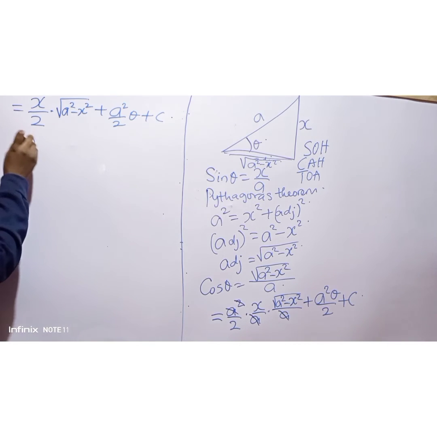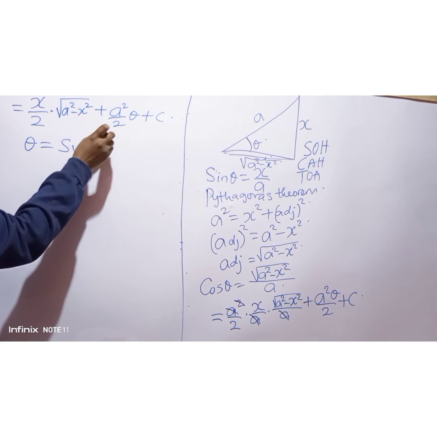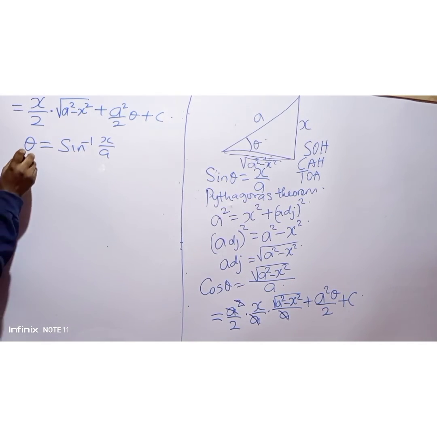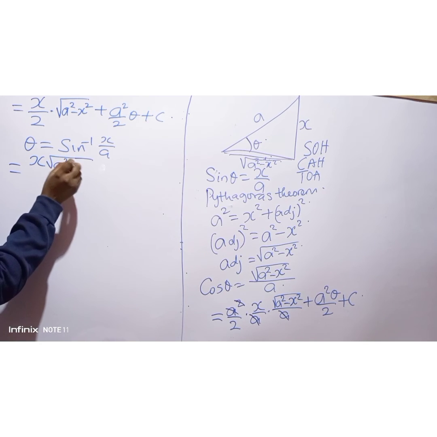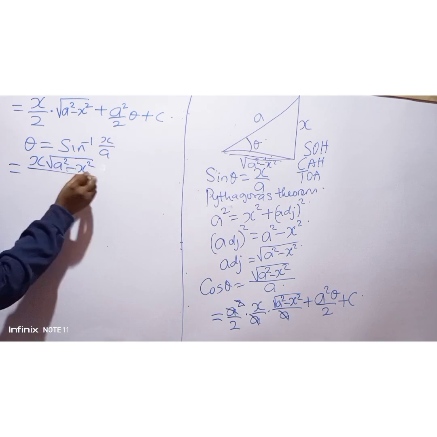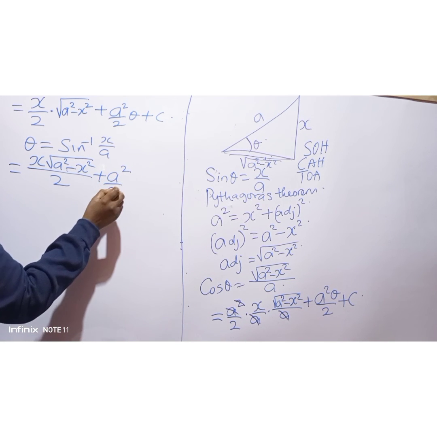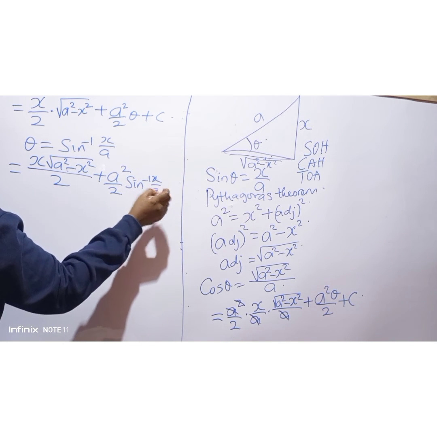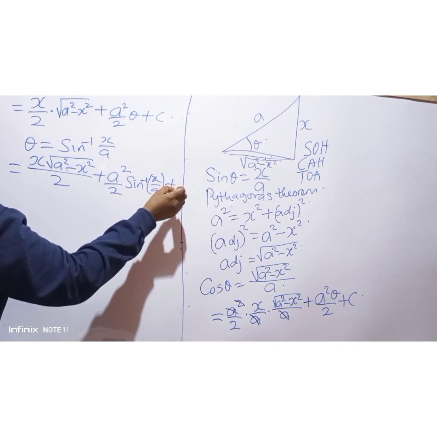And recall that my theta is equal to arc sine of x over a. So I have to put it inside this equation. So I have x times the square root of a squared minus x squared over 2, plus a squared over 2, then arc sine of x over a, plus c.